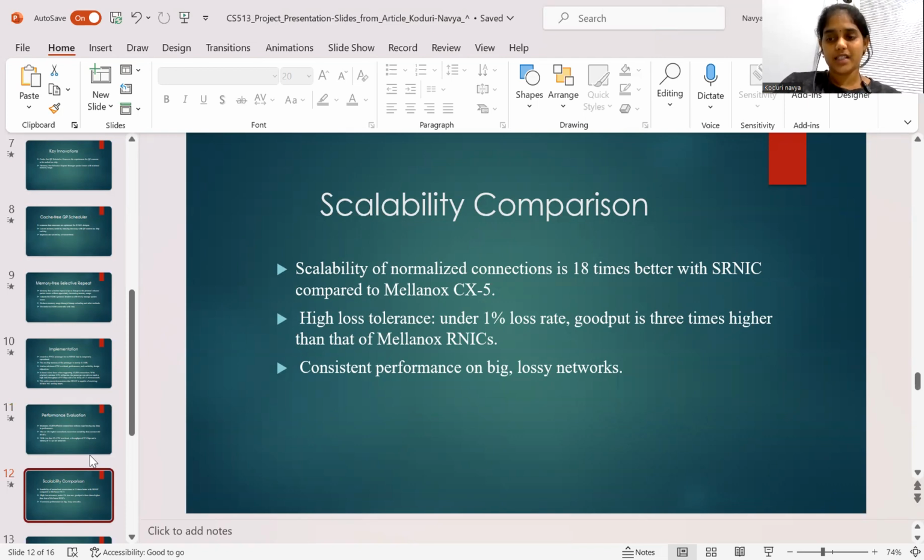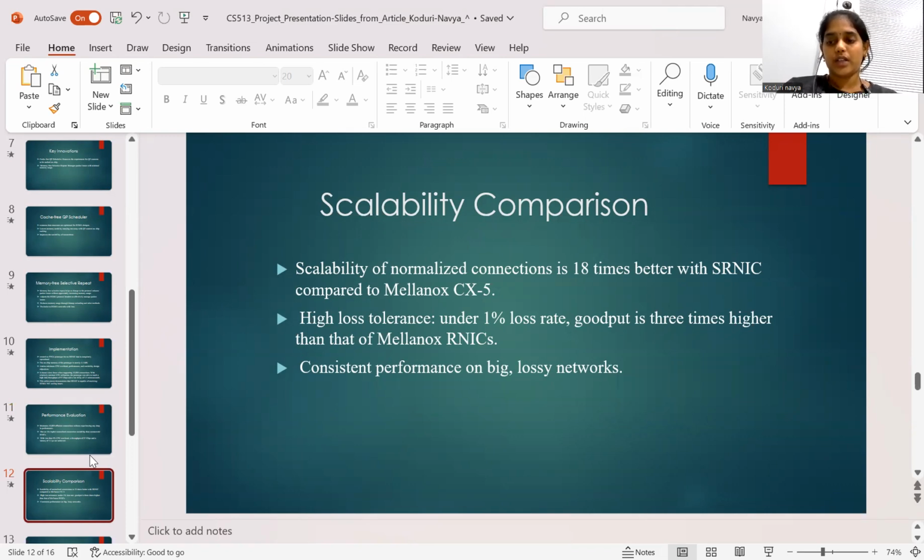Let us discuss the high loss tolerance of the proposed system. It has 3 times better throughput than the Mellanox RNICs at a 1% loss rate, and the goodput is much higher than the Mellanox RNICs. It also has consistent performance on big and lossy networks.